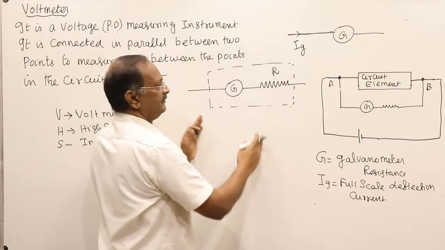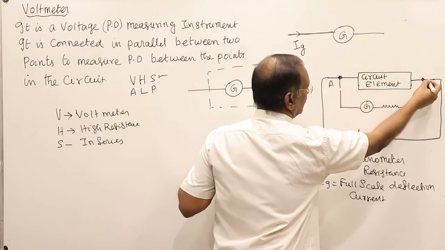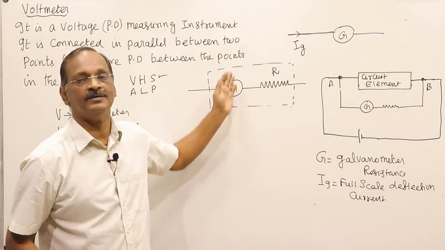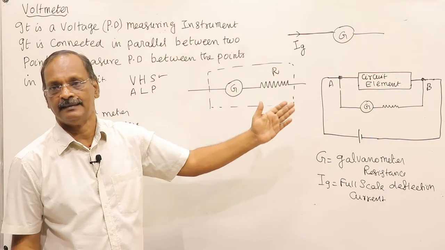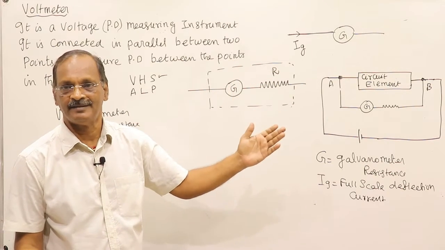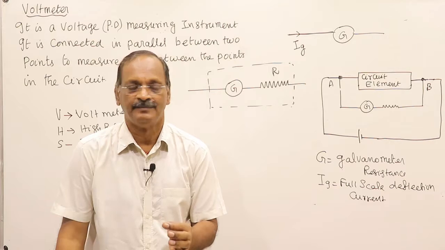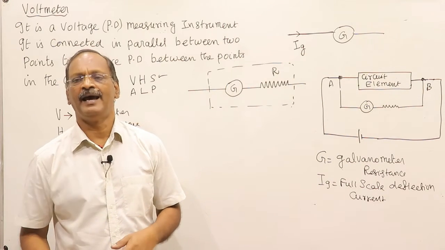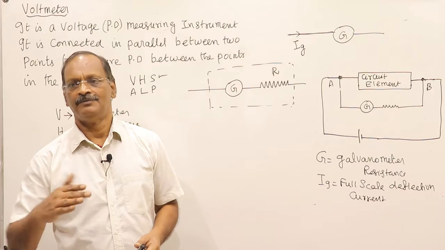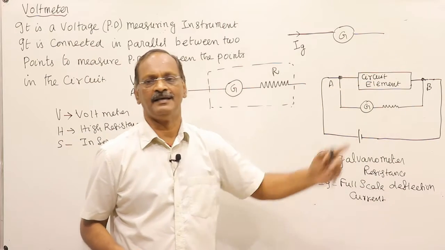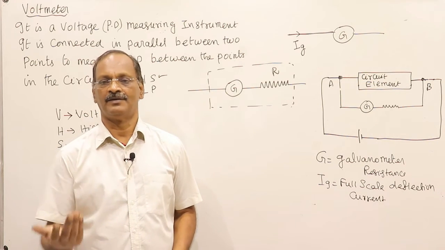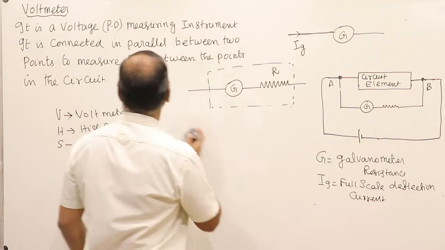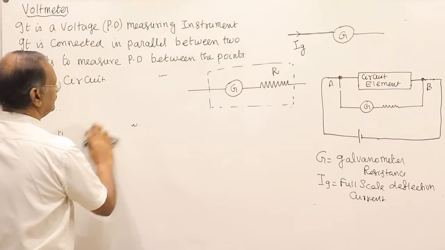This assembly is known as a voltmeter, and is connected in parallel between the points where the potential difference has to be measured, that is, between this point A and B. That is the voltage across AB in this circuit.